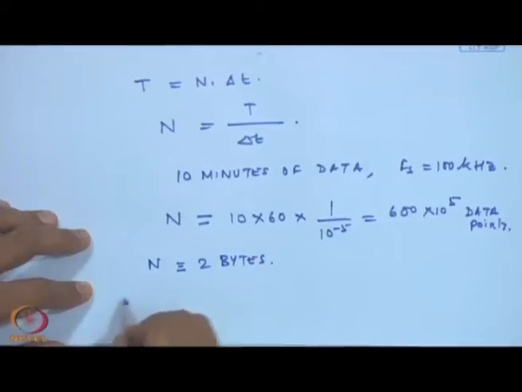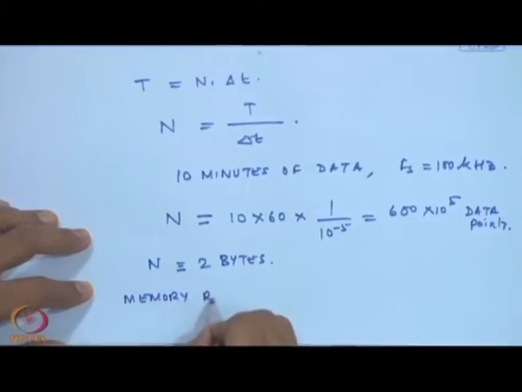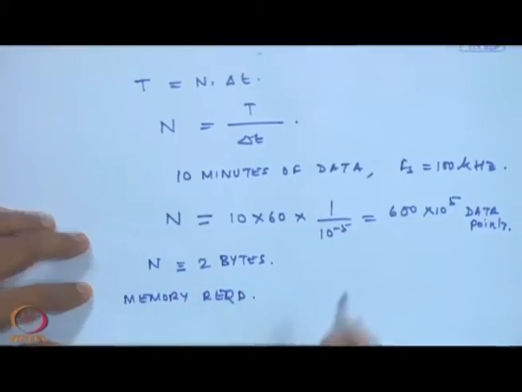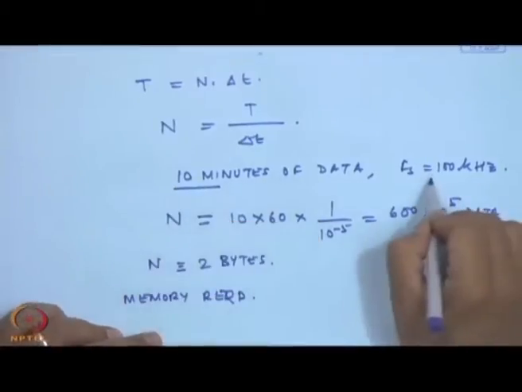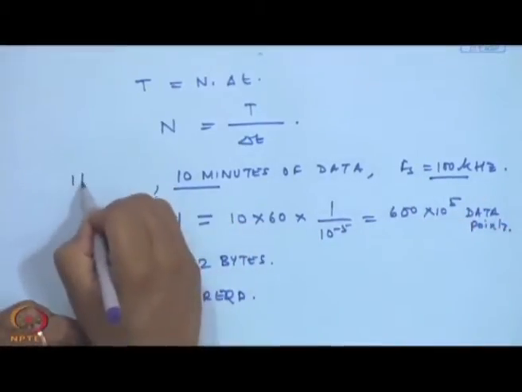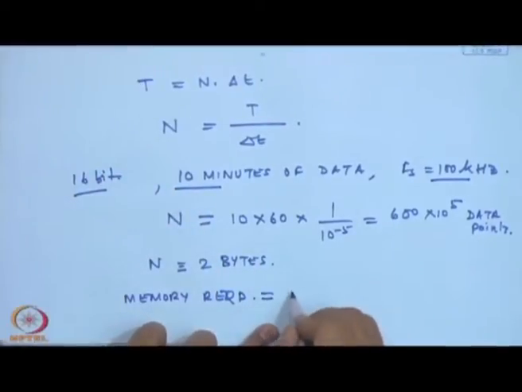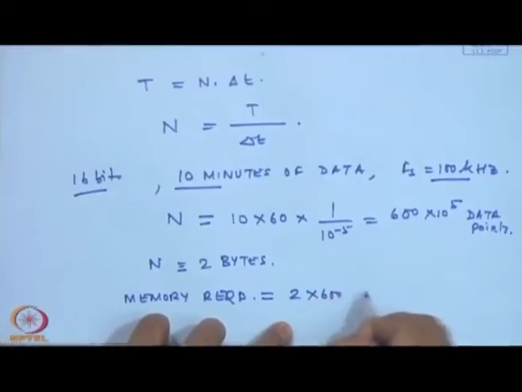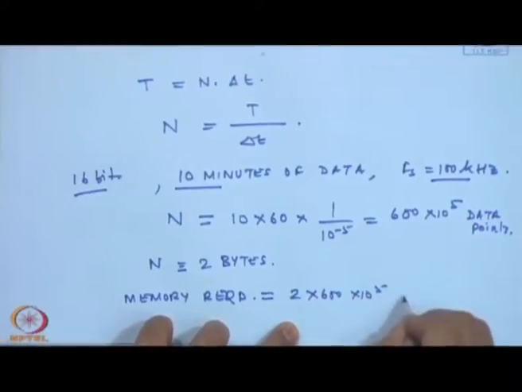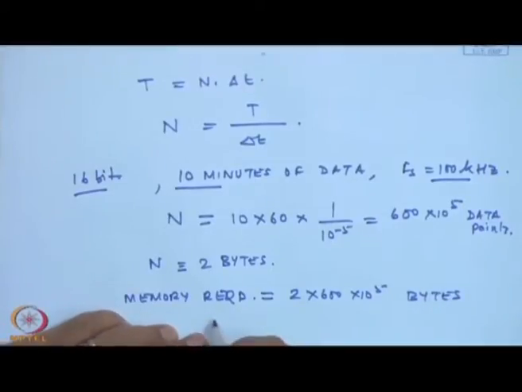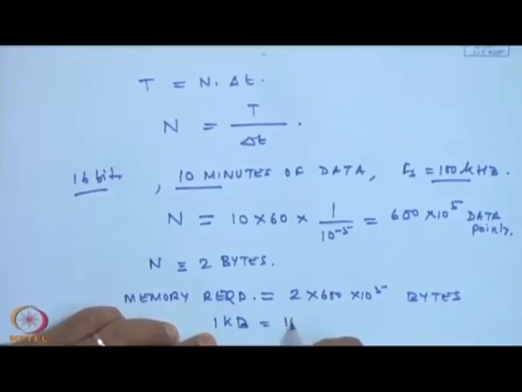Now, if every data point requires 2 bytes, the memory required to store 10 minutes of data sampled at 100 kilohertz in a 16-bit recorder would be 2 into 600 into 10 to the power 5 bytes. Okay, I do know 1 kilobyte is equal to 1024 bytes.